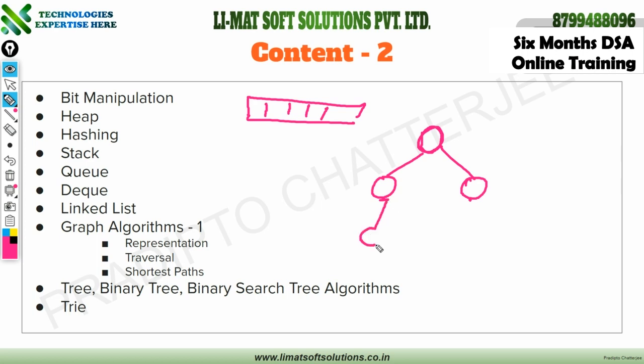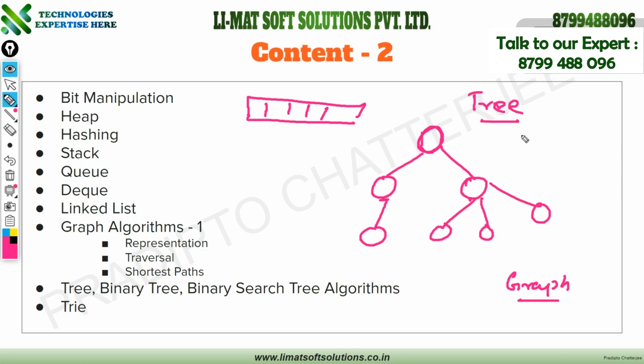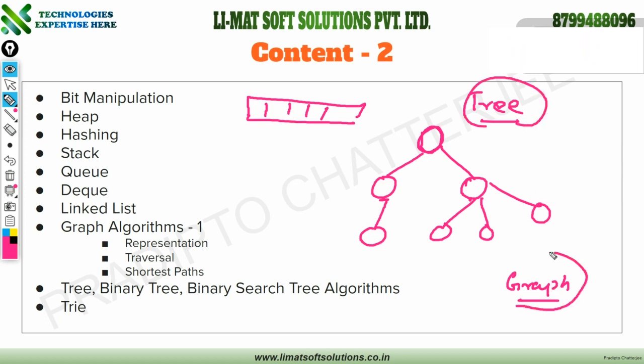You can draw it in this manner, or in this manner. This is also a valid tree, and this is also a valid tree. And also, this is a valid graph. There is no difference between a tree and a graph, because a tree is a special kind of graph.